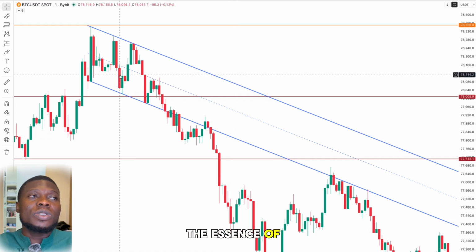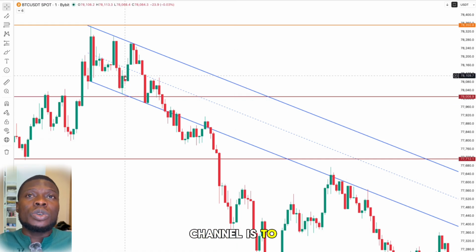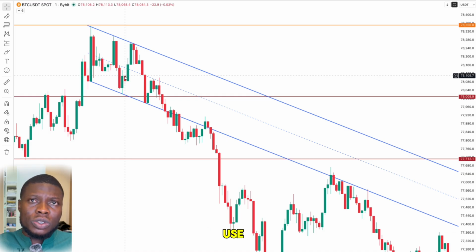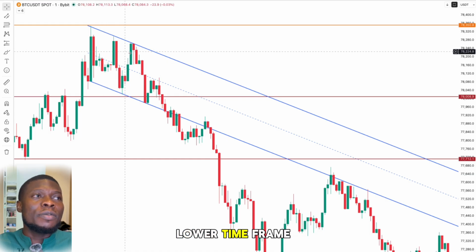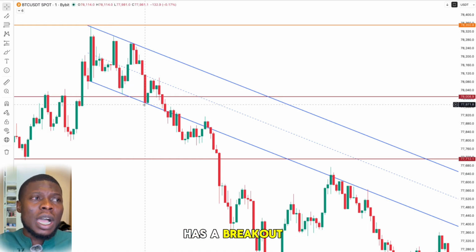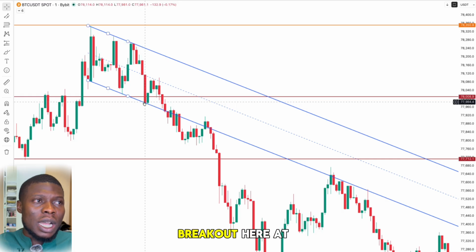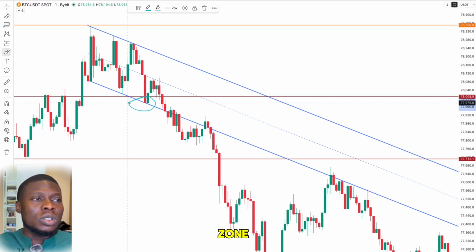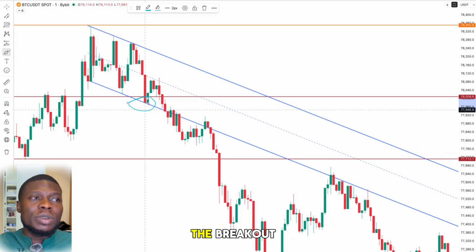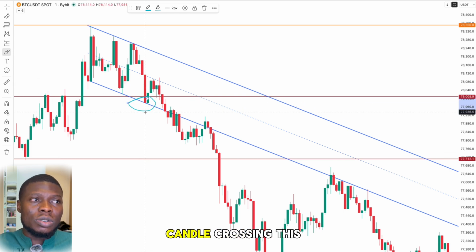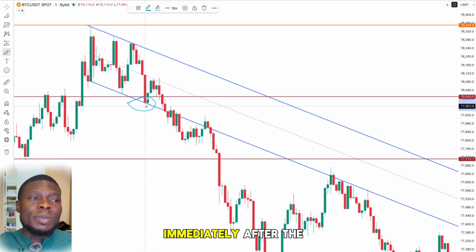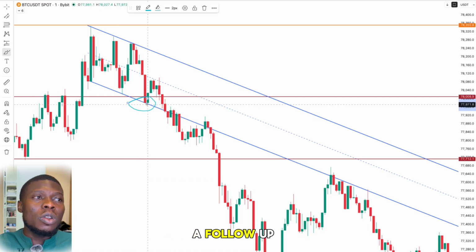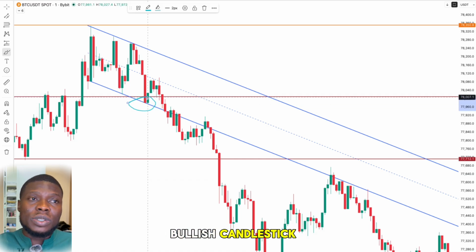So the essence of using the parallel channel is to allow you know the time frame you are going to use, the lower time frame you are going to be monitoring. So when the lower time frame has a breakout like this, there is a breakout at this zone, and immediately after the breakout, that is this red candle crossing this line, there is a follow-up, which is a bullish candlestick.